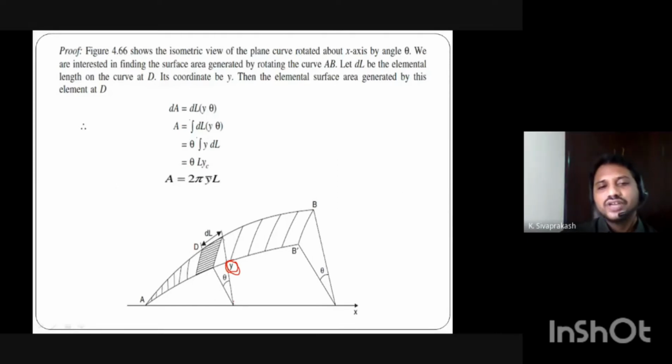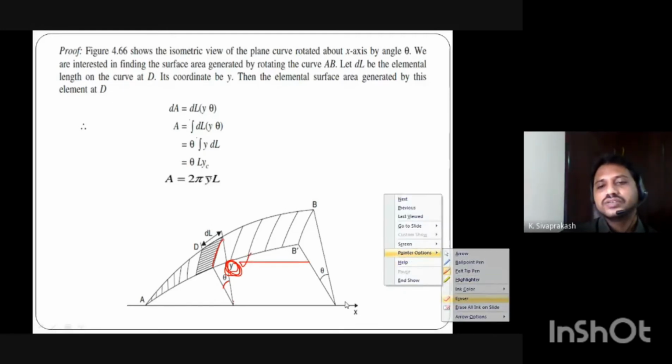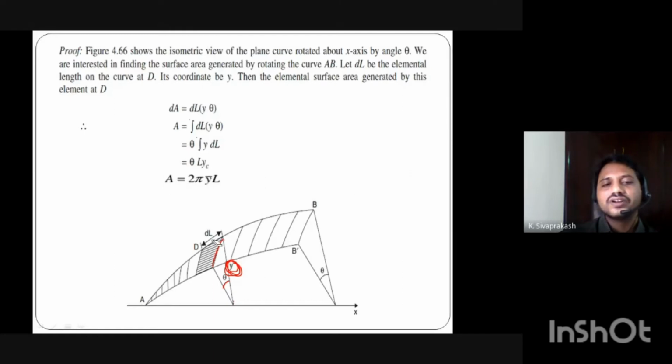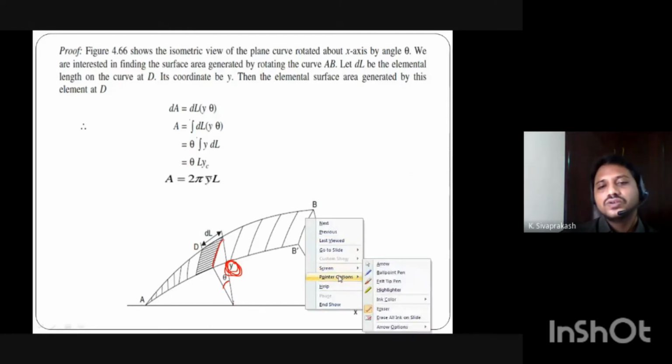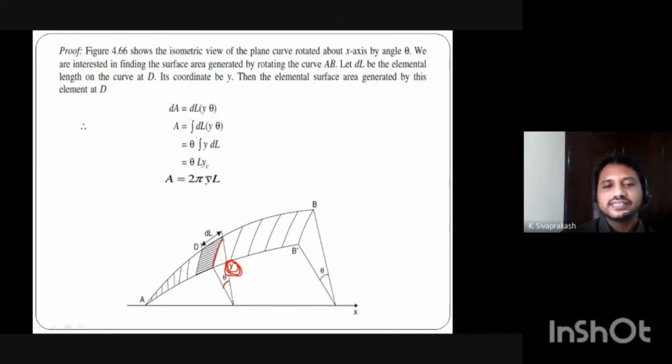Now this centroid distance is traveled only through the angle theta. See how much angle we rotated here. This is y, the centroid position of the element, and it is rotated only through angle theta. So what is the width of this element now?